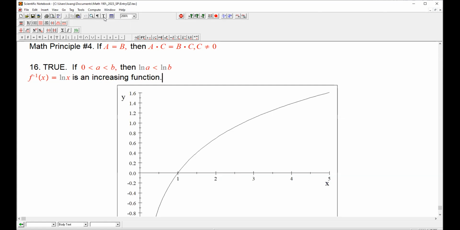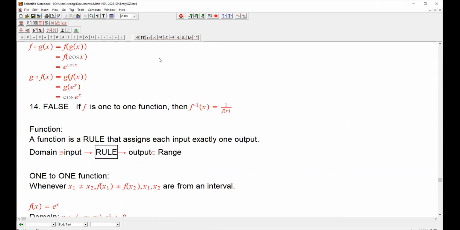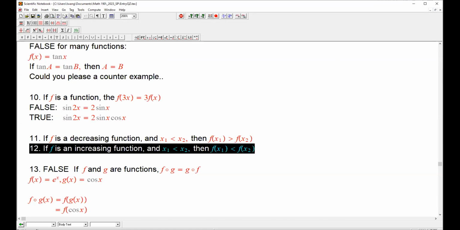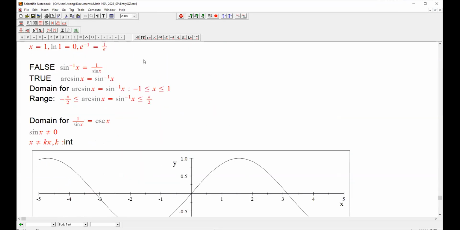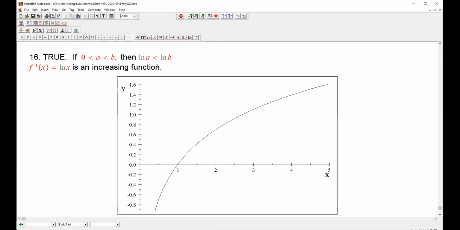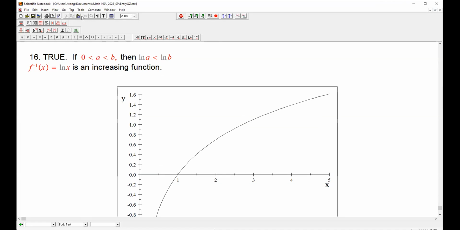Increasing functions will satisfy this. I'm bringing up number 12, so you can see all of these are related. So for an increasing function, that is true.